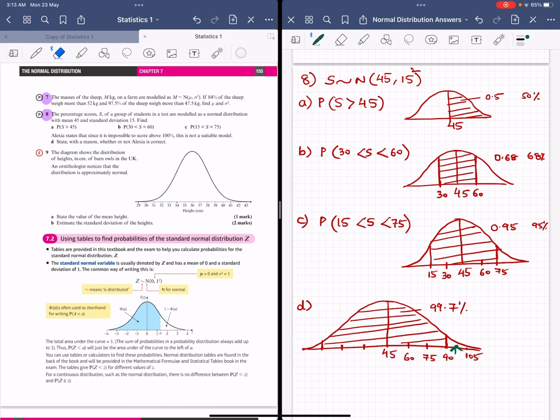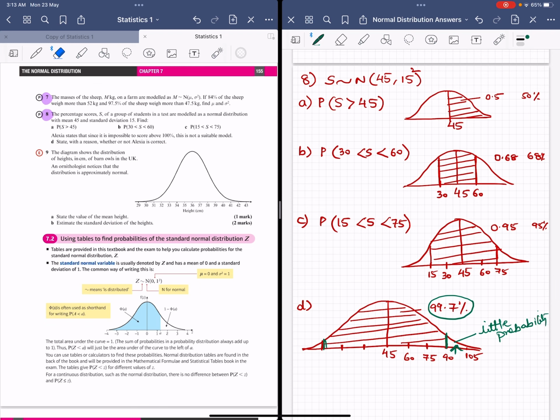We already know that the probability within 3 standard deviations below and above the mean is 99.7%. So there is a very little probability for the score to be 100.